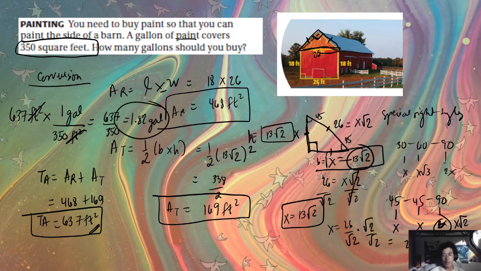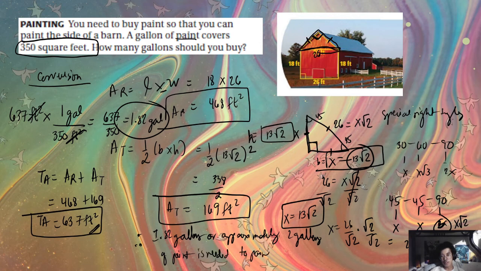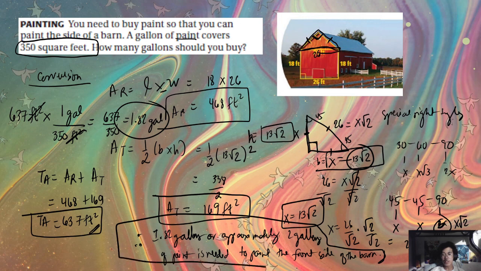So our conclusion here: 1.82 gallons, or approximately 2 gallons of paint, is needed to paint the front side of the barn, and that's how we can state the conclusion to our problem.